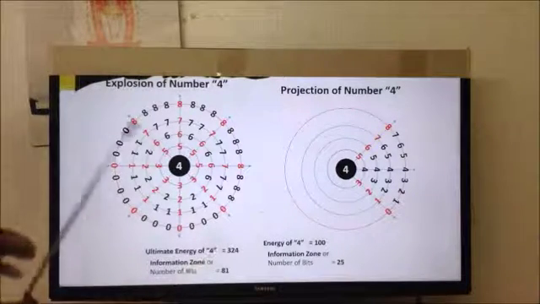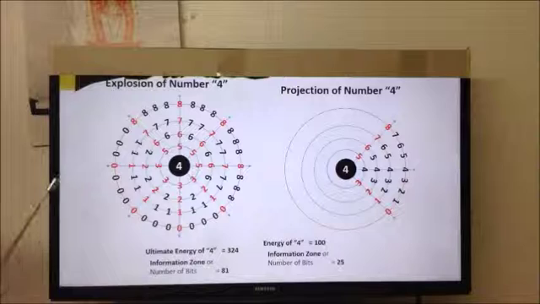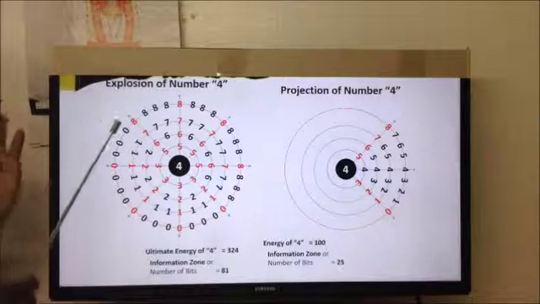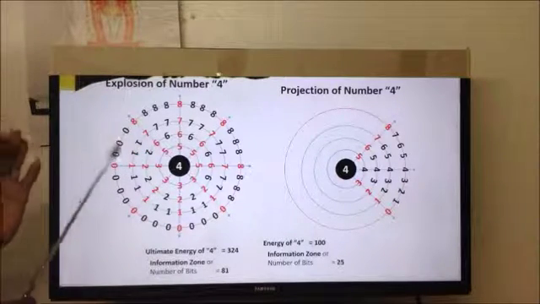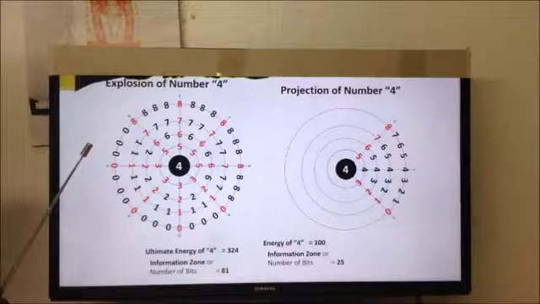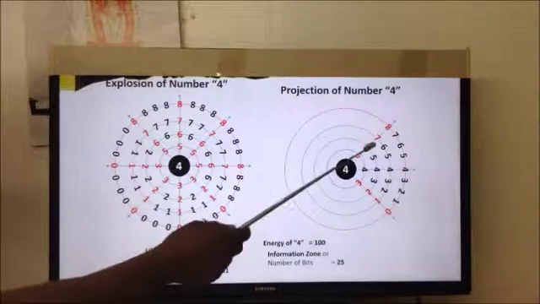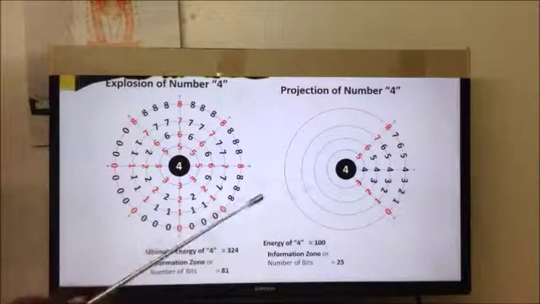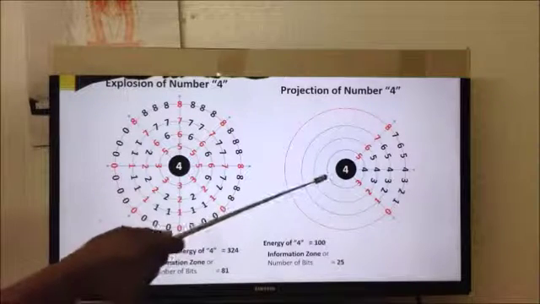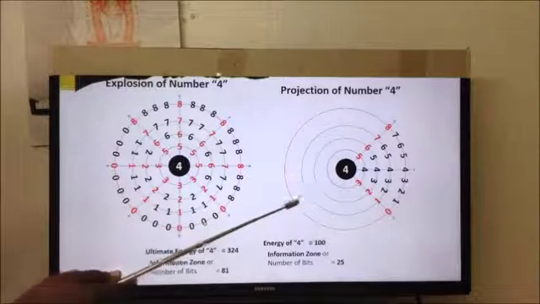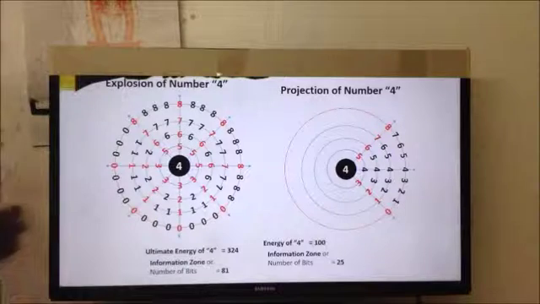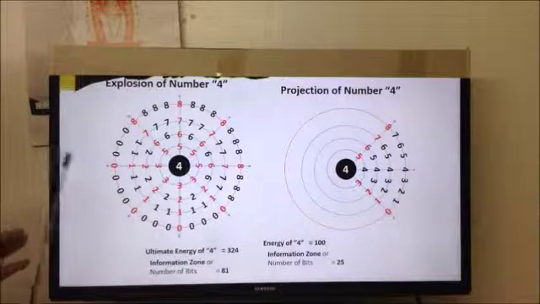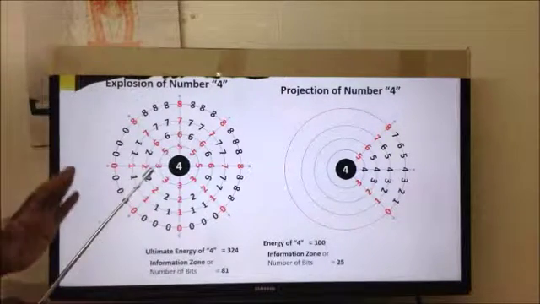If we now do the explosion, you see how the explosion is truly big. Here you see a very small number of values, but here is a huge number of values. This is only for number 4.